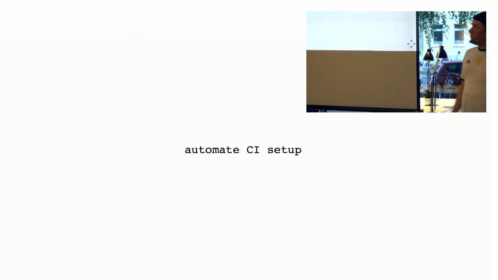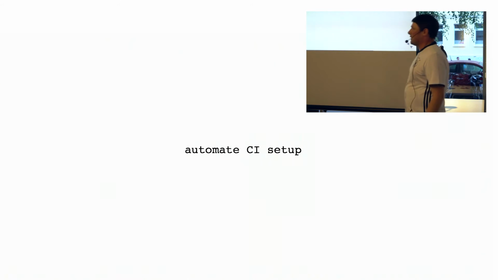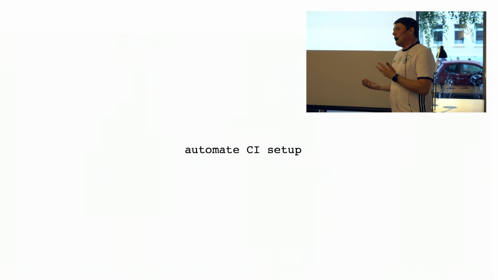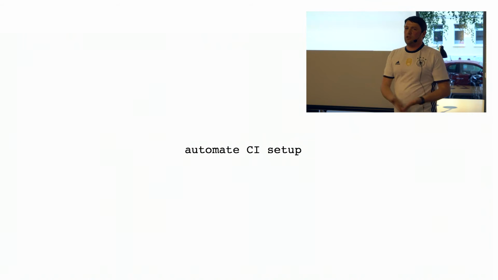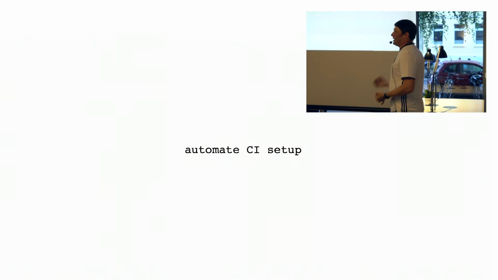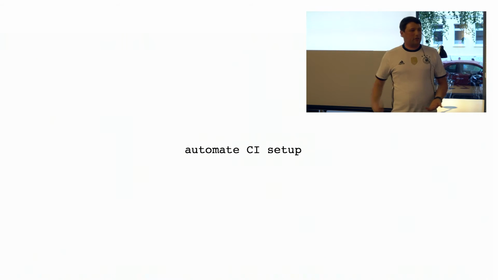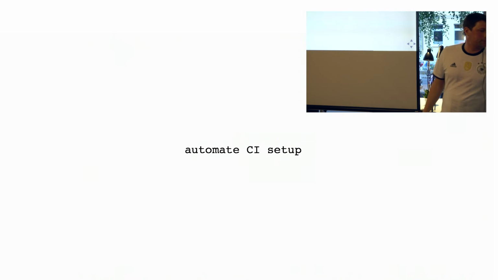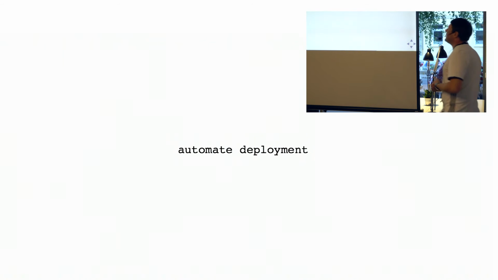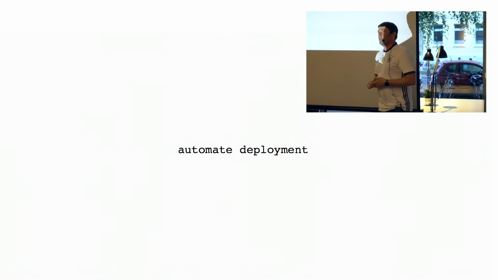But don't forget to automate this. Because with a microservices architecture, and if you're really writing many of the services, if you're doing this seriously, and you really want to become independent with your teams, then you should take care of this kind of waste. And the same is true for deployment. You should automate your deployment.